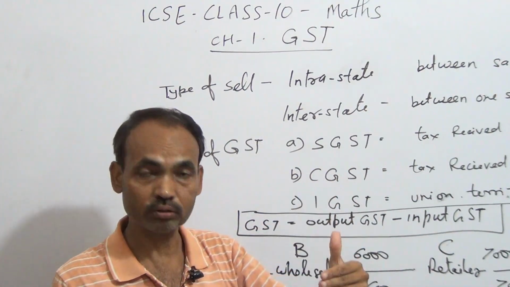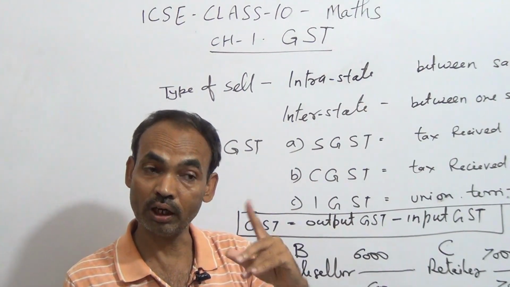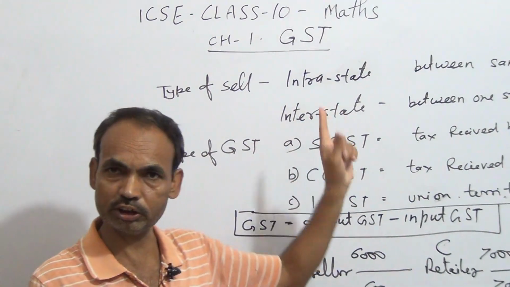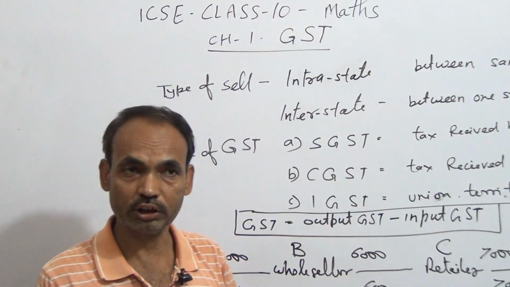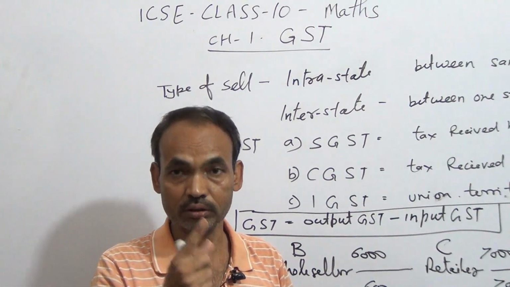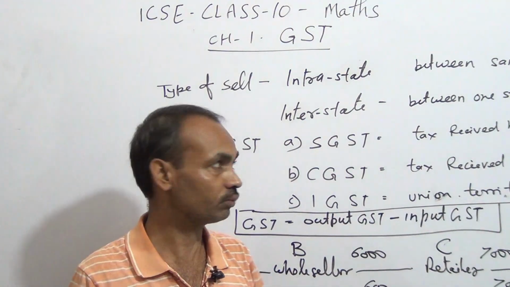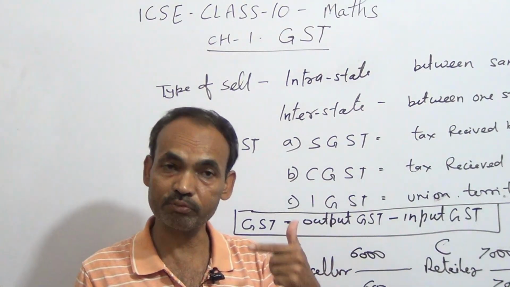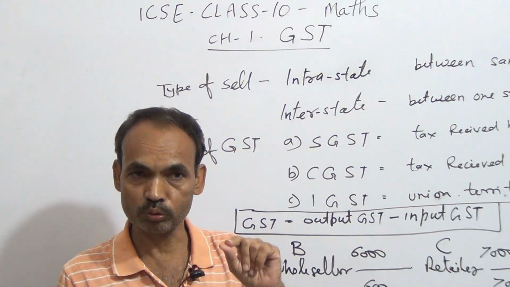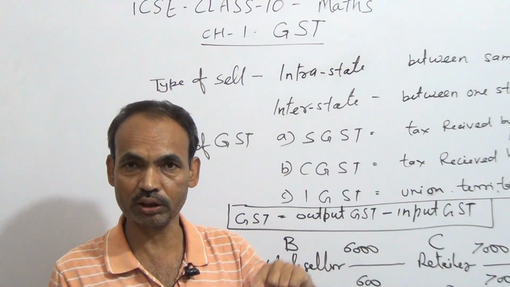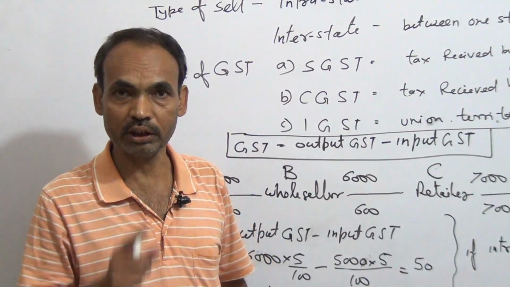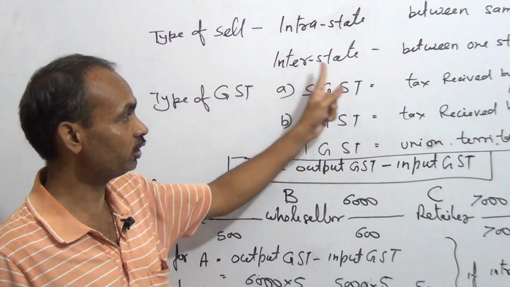If both seller and customer are in the same state. And the second type is interstate. Interstate, if the seller is in one state and the customer is from another state. If the seller of UP sells any goods to a customer of MP, Punjab, or Rajasthan, then it is called interstate selling.